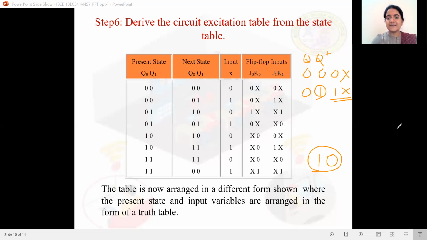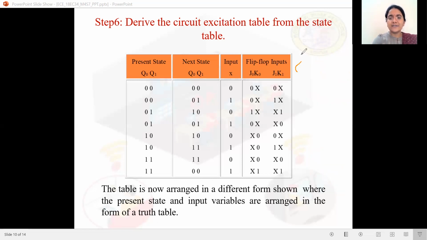And the other one is, if you want to set the flip-flop, if your present state is 0, we can also give this input 1, 1. Because when the JK inputs are 1, 1, it toggles the present state, and you will get 1. So, since the K value may be 0 or 1, instead of 0 and 1 separately, we are writing it as X. Don't care. It may be either 0 or 1.